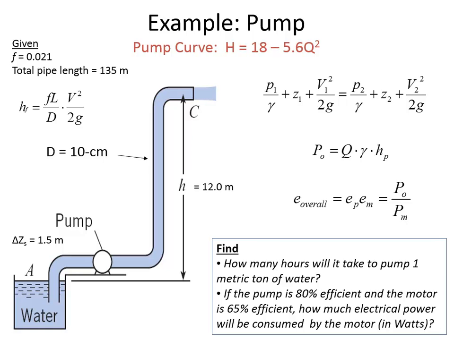Okay, so we had 18 minus 5.6 Q squared is equal to 12 plus 25,101 Q squared.